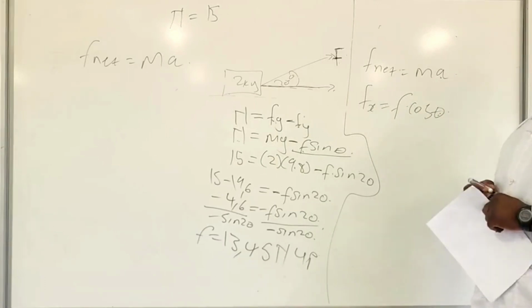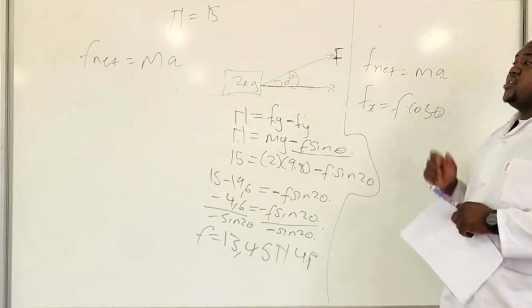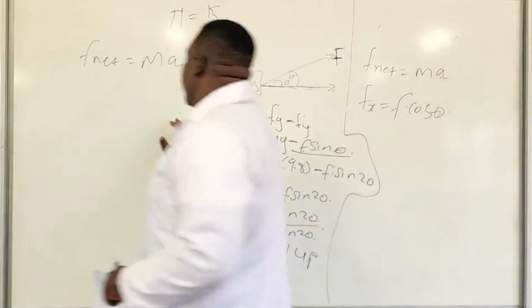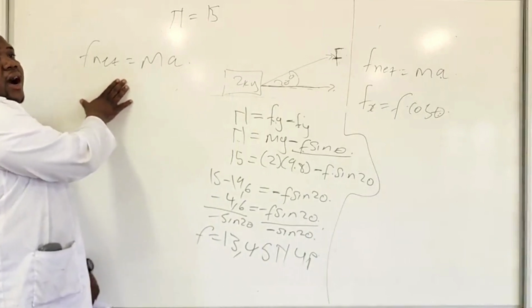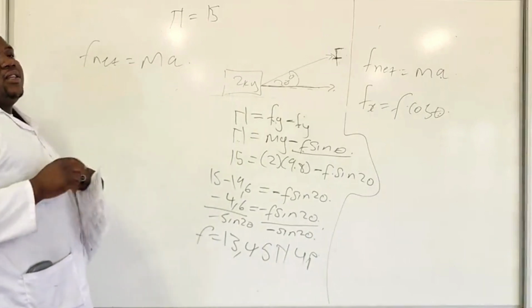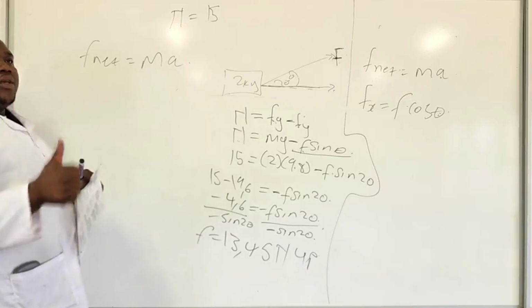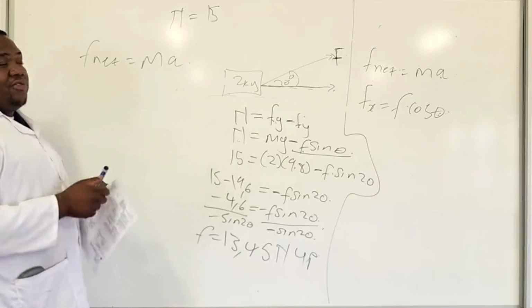Theta is the angle between the surface and the force F. Can you see that? So it means that the forces that are parallel to the surface, that are acting horizontally, are only two forces. That is what? A frictional force and the Fx, which is the component of F.